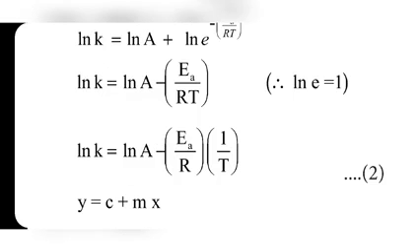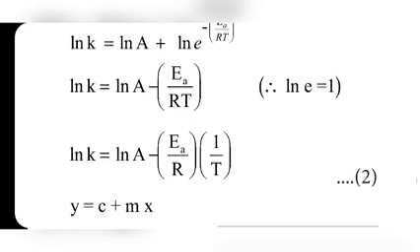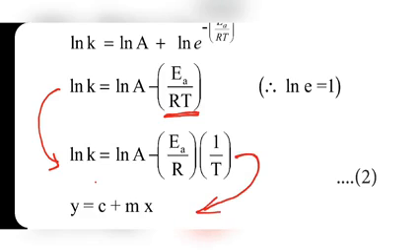In the next step the same equation is written in this form. Same ln k is equal to same ln A minus, this is split into 2. You can write that minus Ea by RT is equal to minus Ea by R into 1 by T. Because we need to compare this equation with the straight line equation, that is y is equal to mx plus c.